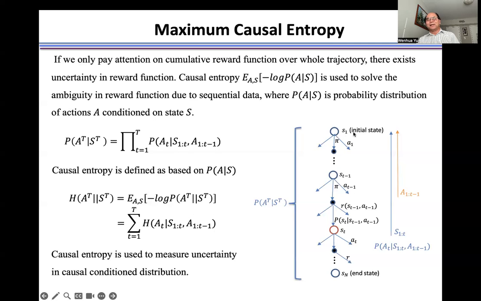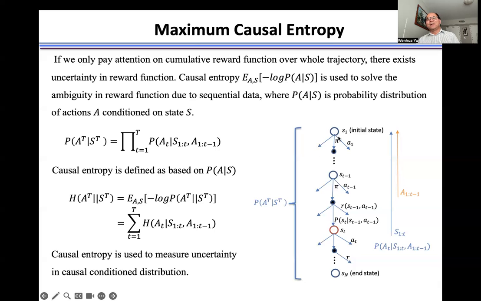Whenever the agent moves one step, we get one. We put all of them together until the terminal state, and we define this as the entropy over the states S over the trajectory. In this way, we measure the uncertainty in the causal conditioned distribution.